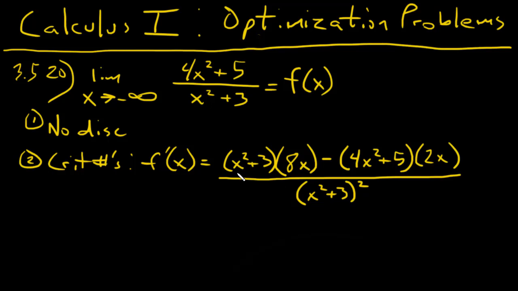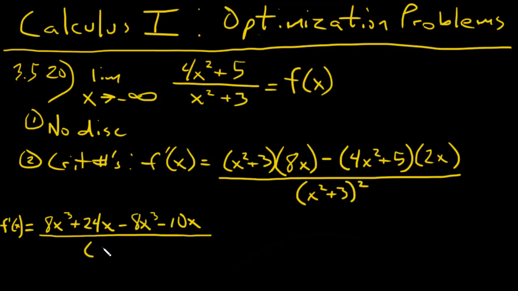When I multiply all this out, I'm going to switch to over here so I can get a little more room. F prime of x equals, here we go. When I distribute, I'm going to get 8x cubed plus 24x, and then minus 8x cubed minus 10x, and all that is over x squared plus 3 quantity squared.